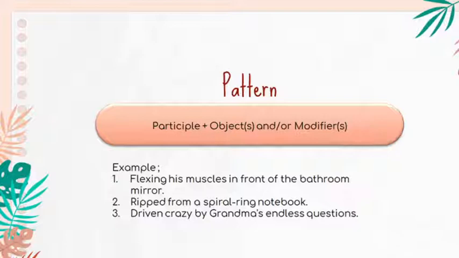Ripped here is a past participle, and from a spiral ring notebook is modifiers of ripped. And then the third, driven crazy by grandma's endless questions. Driven here is past participle, and crazy by grandma's endless questions is modifiers.